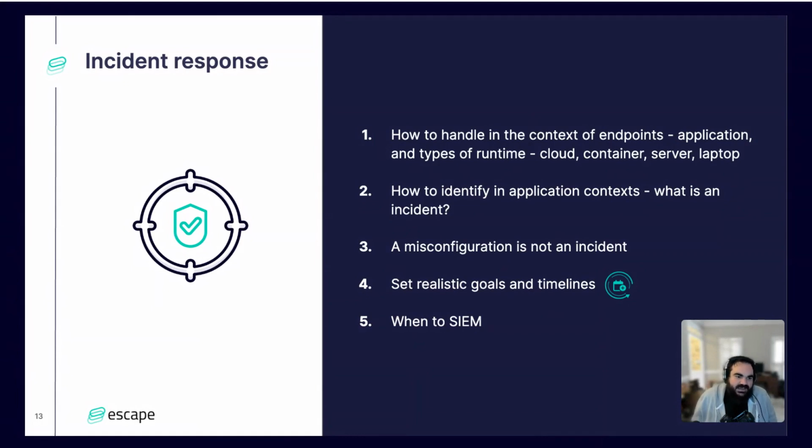So if I get an alert that a shell got launched from a web process, I can actually kill that process. I can kill that pod. I can isolate the container. I can look at logs to see how they were able to build a reverse shell from their web process.